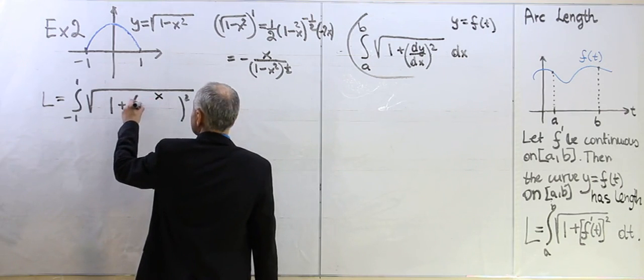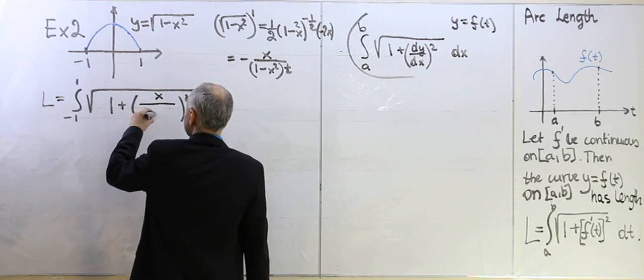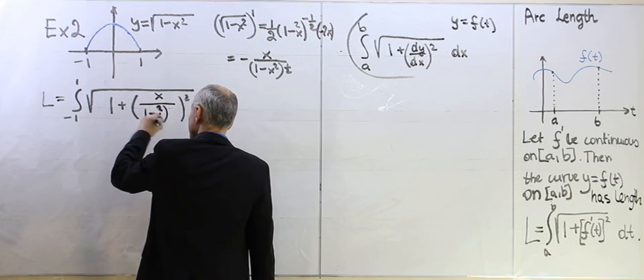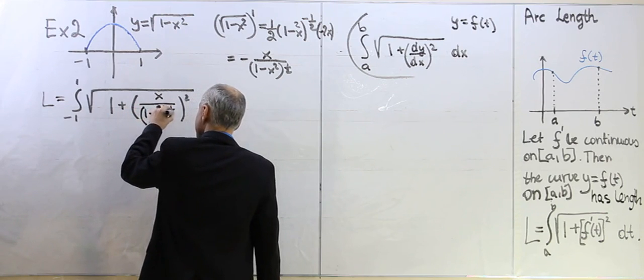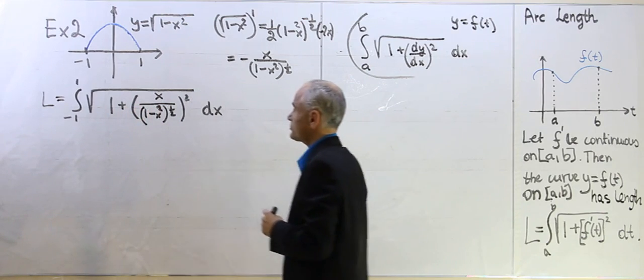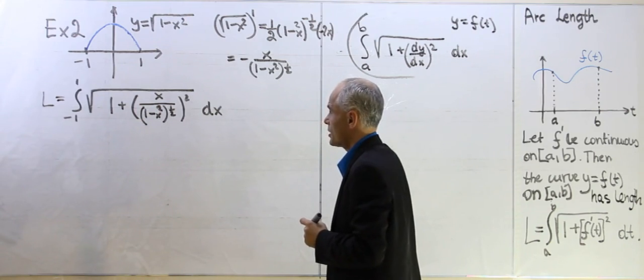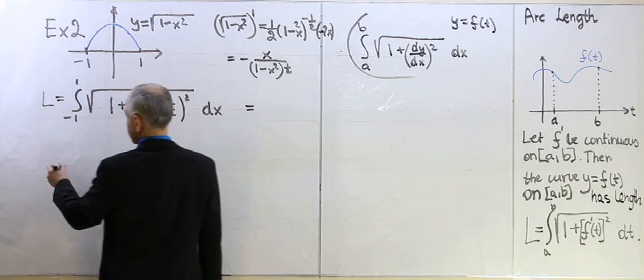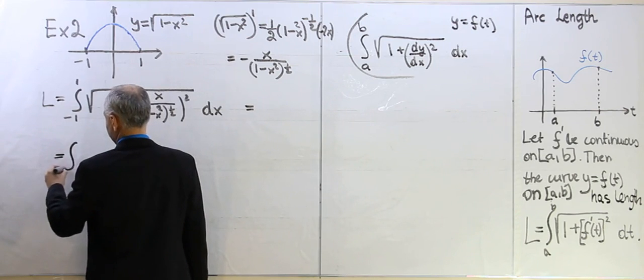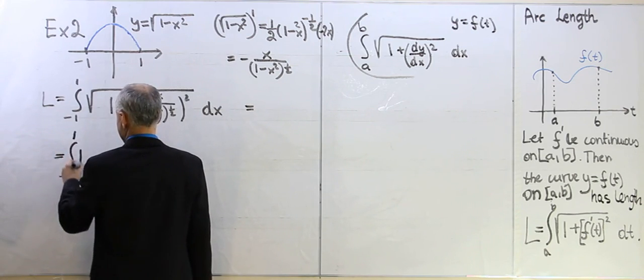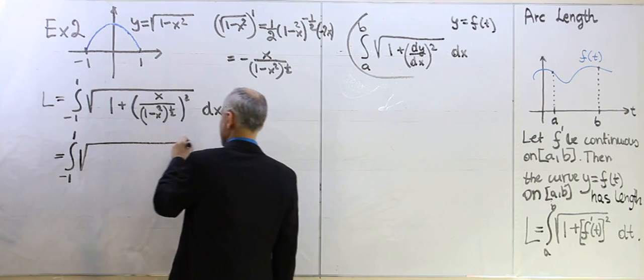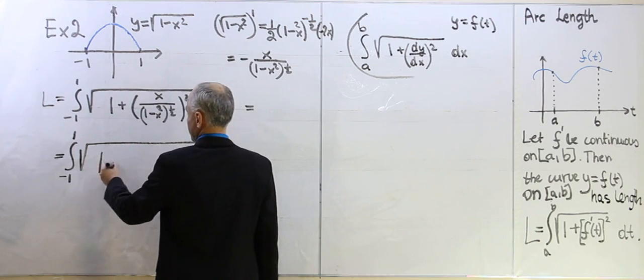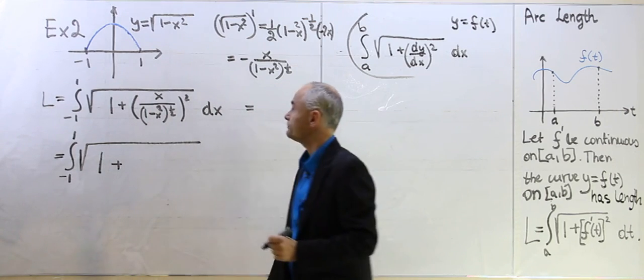So I can write down this derivative in our formula. And now let's try to simplify the integrand. What do we get here?